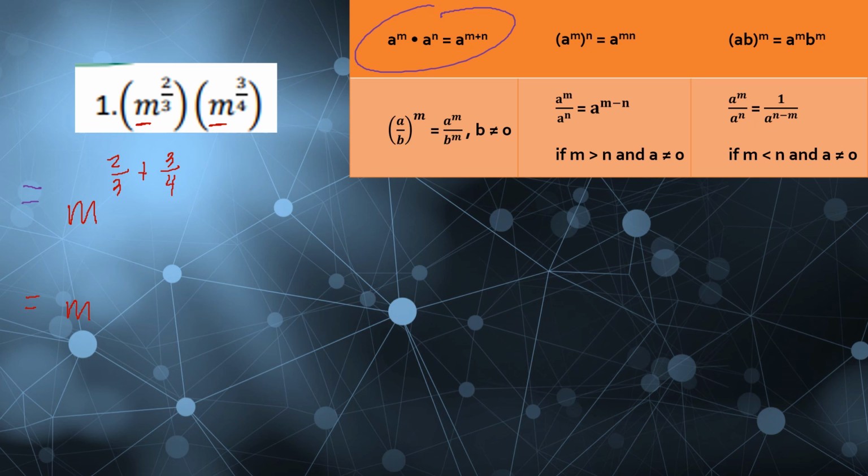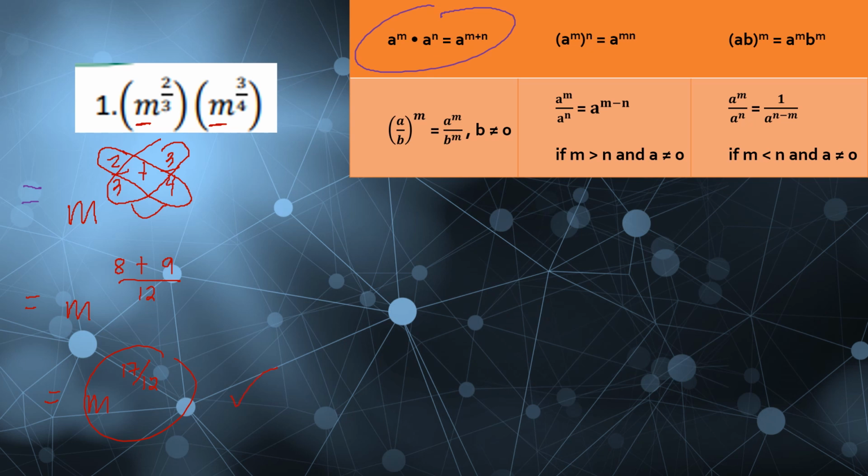Applying the butterfly method, 2 times 4 is 8, plus 3 times 3 is 9, over the product of the denominators, 3 times 4 is 12. Simplify, so we have m raised to 17 over 12.